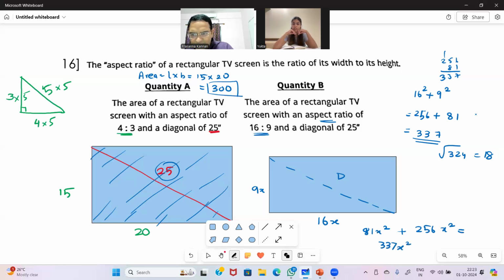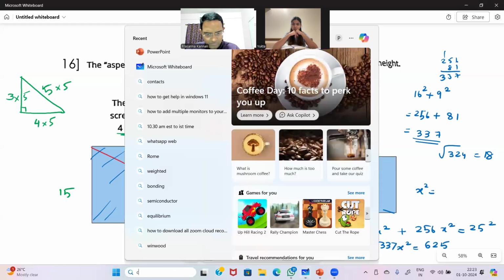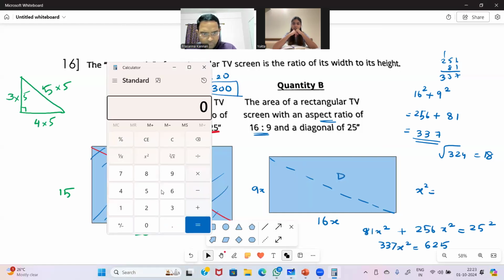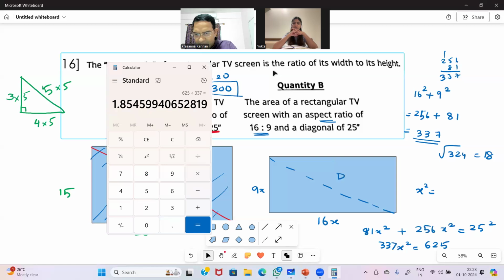And that value will be equal to d square, diagonal square, which is 25 square, 625, correct? So what is my x square? That'll be 1.85.